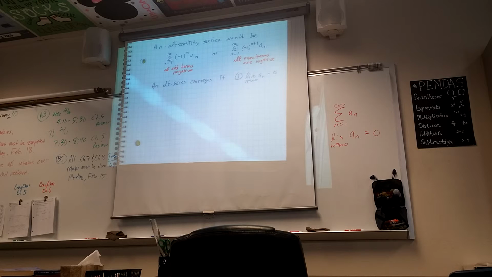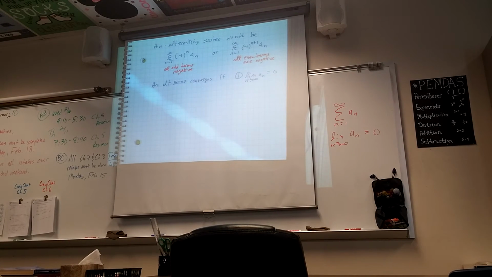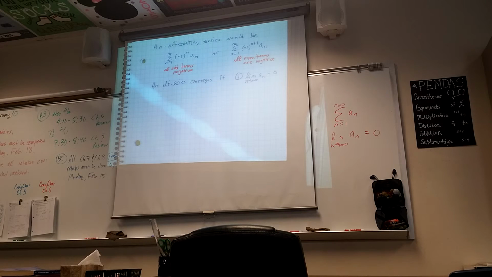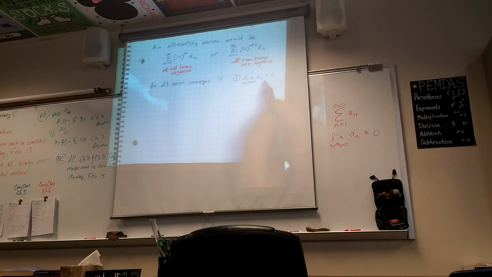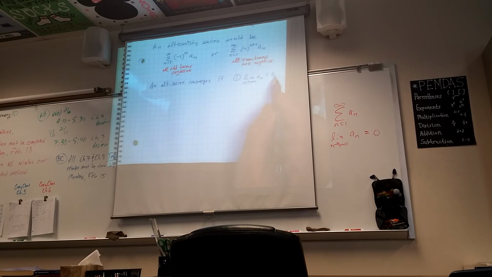By the way, what if it doesn't? Then it doesn't converge. If it doesn't, it diverges, because that's really the divergence test. To do an alternating series, I have to apply the divergence test first. But remember, the divergence test, just because the limit does equal 0, does not guarantee convergence. I have to test something else.